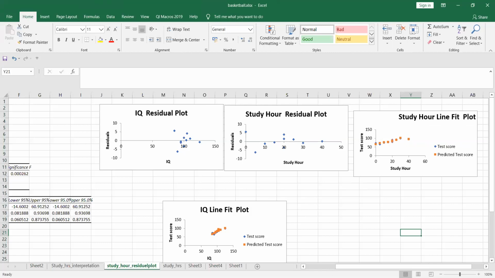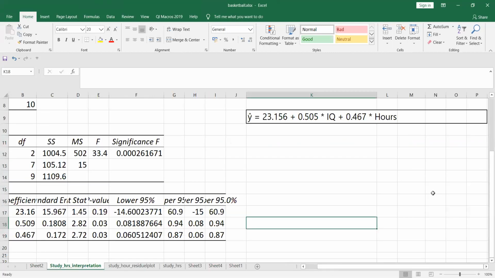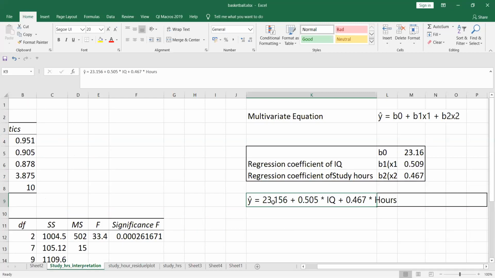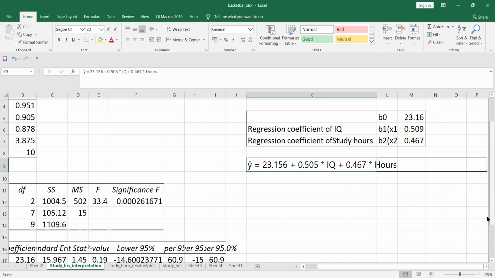So this is the study hour interpretation. Your equation, as I said, is 23.156 plus 4.67 into hours. Why are we interested in this equation? How do you relate it with your mini project or any assignment? You are going to give different test samples, calculate the values, and then look at the residual plot.